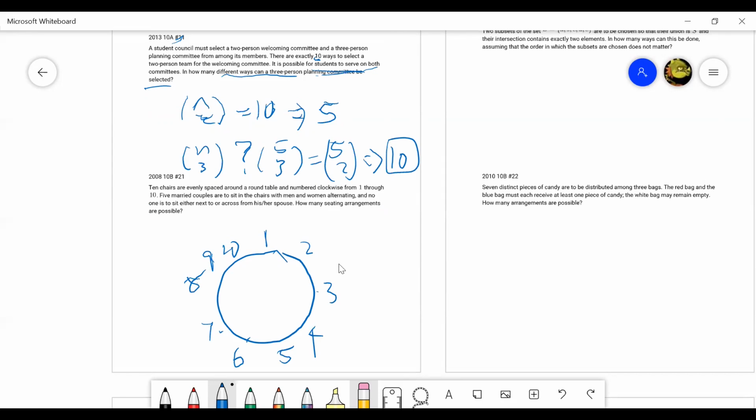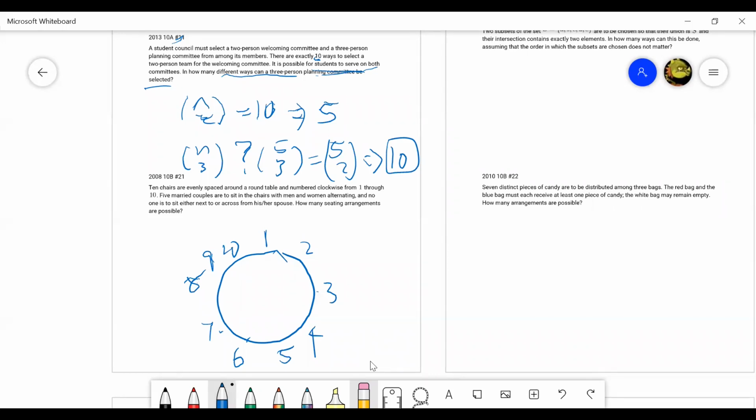So in problems like this, there is a fixed order. Each chair is labeled, which means the chairs are not indistinguishable. They're distinguishable chairs. And since there really aren't any other constraints, we can step through the problem. Since everyone is different from each other, we can just choose any person.